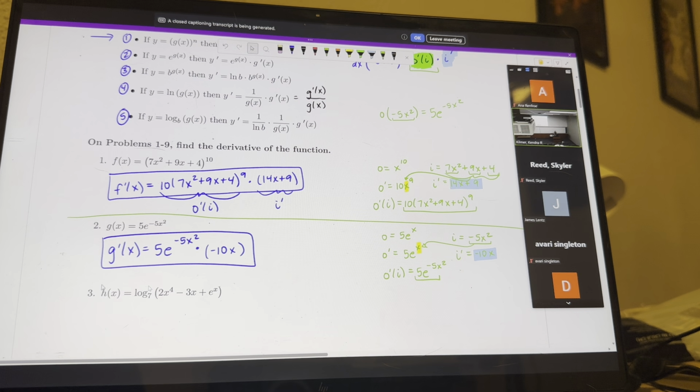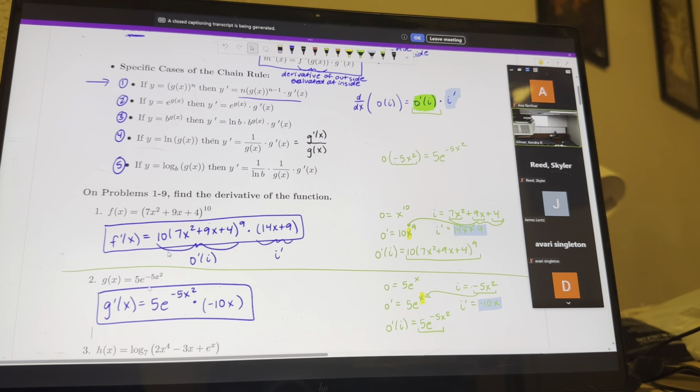Okay. So again, that works out to the side, identifying your outer function and your inner function. You can use that. Or, look, if we look back up at the specific cases, which of the specific cases am I in here? 1, 2, 3, 4, 5. 2, right? So we're in specific case 2. And so we know the derivative of e to a function. We have this constant out in front, but we know that if we're finding the derivative of a constant times the function, the constant stays there, so 5 stays there.